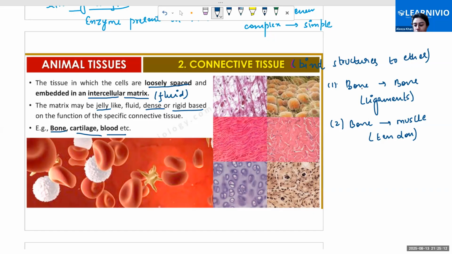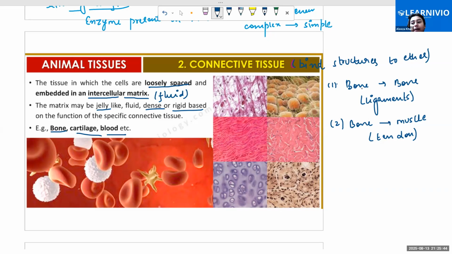Ma'am, the matrix is like jelly-like fluid, right? Yes. It's also rigid. It's written that the matrix may be jelly-like fluid, dense, or rigid. It is rigid based on the function it is performing.